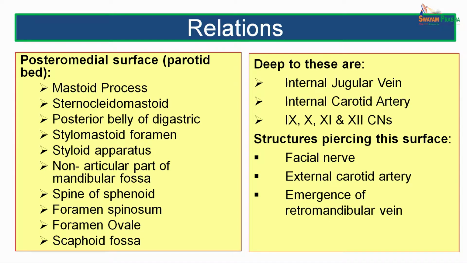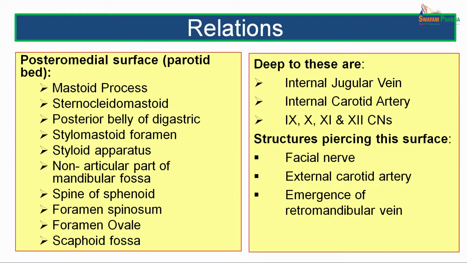and the scaphoid fossa. Deep to these structures, this surface is related to the internal jugular vein, the internal carotid artery, and between these two are seen the last 4 cranial nerves, that is the 9th, 10th, 11th and 12th cranial nerves.